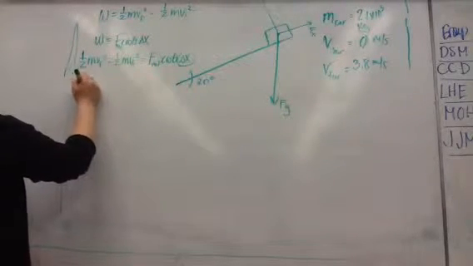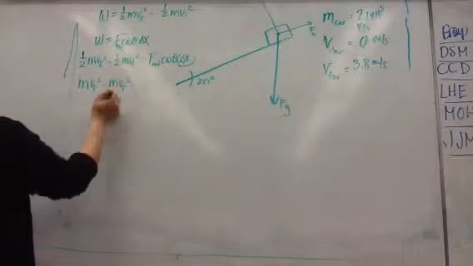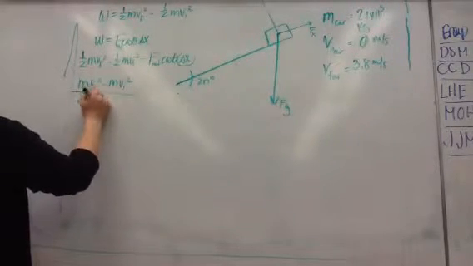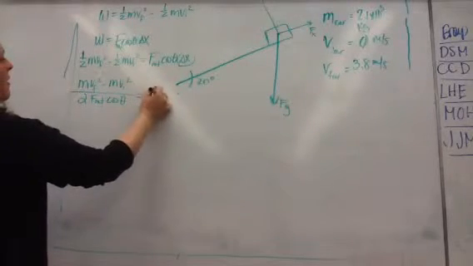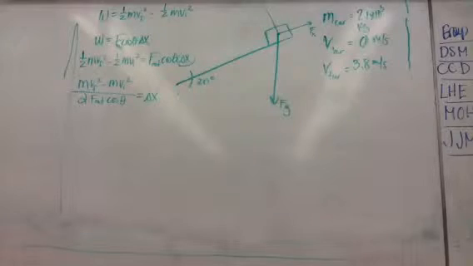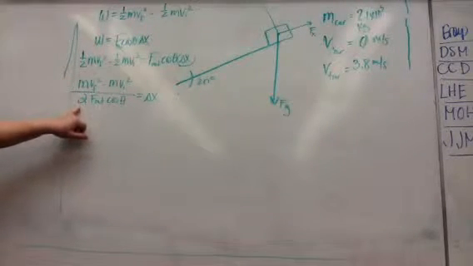So now we're going to have m v_f squared minus m v_i squared over 2 F net cosine theta gives us the length of the driveway. Do you follow the algebra there? Rather than having these multiplied by 1/2, I just moved the 2 to the denominator.